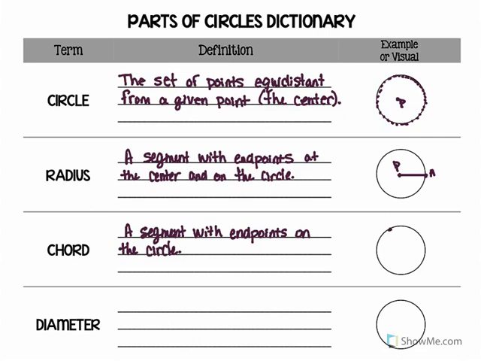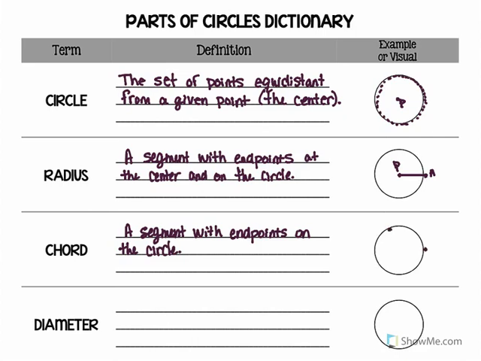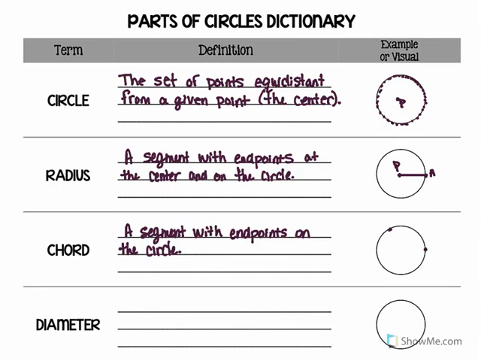So it does not have to go through the center. So here, JK would be a chord. So it's just any 2 points that are connected, and those 2 points have to be on the circle. Your point or your line does not have to go through the center.